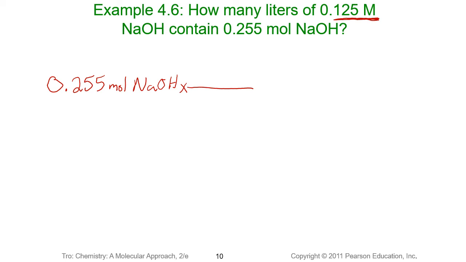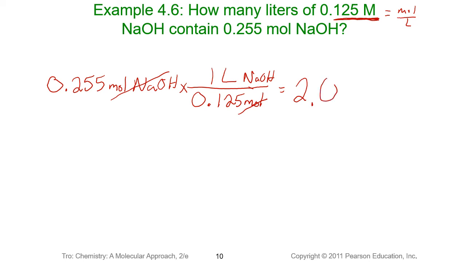Now we can use our molarity, which has hidden units of moles over liters. We want our moles to cancel, so the number goes with the moles. And our moles will cancel, leaving us with liters of solution.